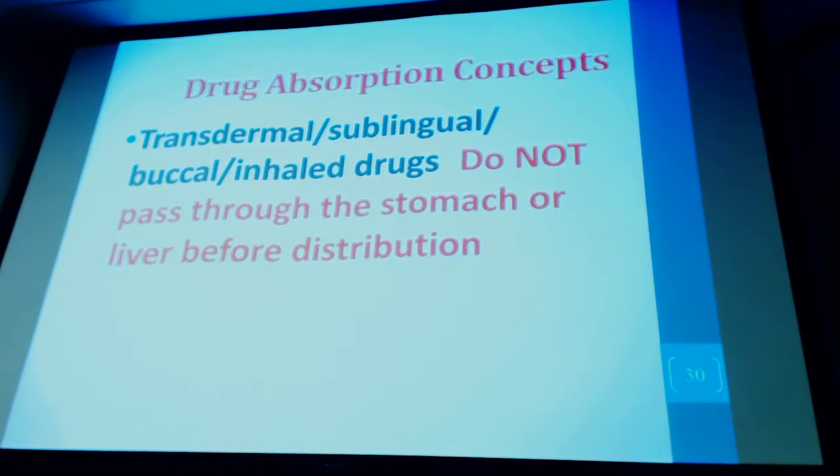They do not pass the liver first. So we're going to talk about the effect of first pass effect. So if you're giving it transdermal, under the tongue, in the cheek, or inhaled, it's absorbed rapidly and it goes right to the site of action.